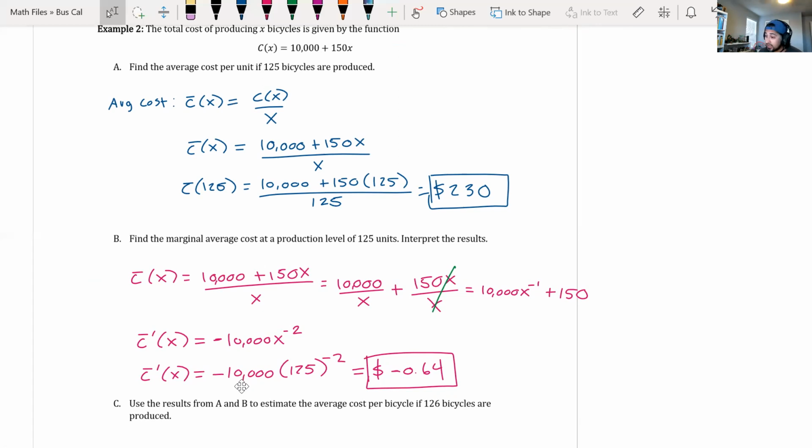So this means that when we produce 125 bicycles, the cost is what? Increasing or decreasing? Decreasing, right? So when we're producing an average of 125 bicycles, cost is decreasing. Or we'll say the average cost is decreasing.